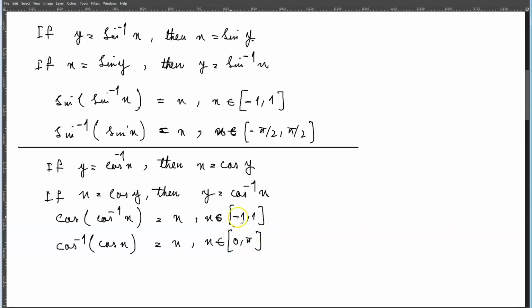That is actually the domain to which the cos function was limited, so that based on that we could get the cos inverse function, right? And you can do the same thing for all the inverse trigonometric functions and all the trigonometric functions.